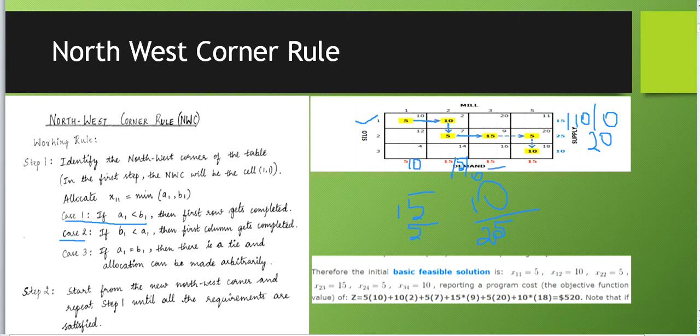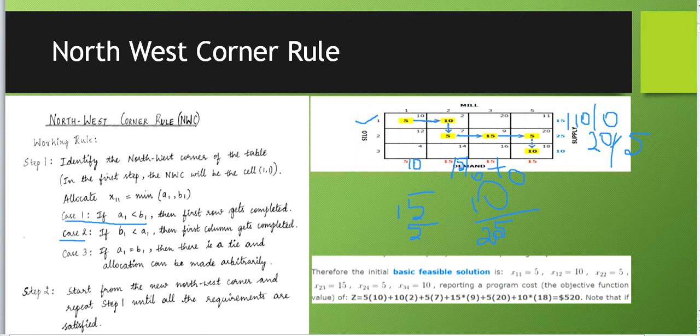Now again consider this particular cell. We have a value 15 and a value 20. Among 15 and 20, the minimum is 15, so I allocate 15. Again 15 minus 15 gives me 0, and here a value of 5 is left out. I write down 5 here. When your demand value is less, you have to move horizontal. So I moved horizontal. Now we are into this particular cell.